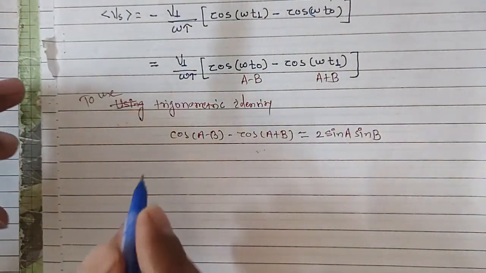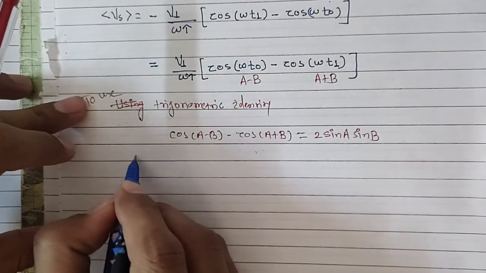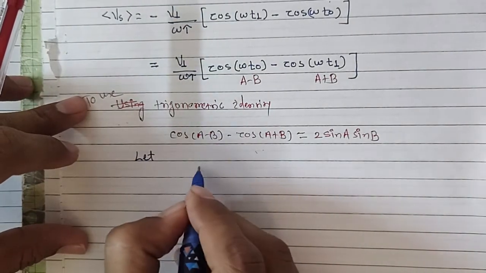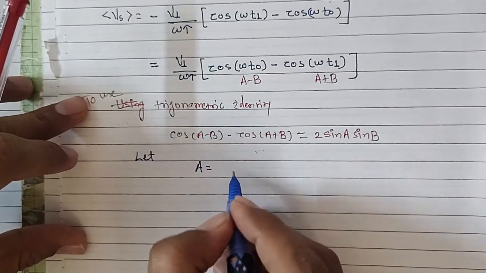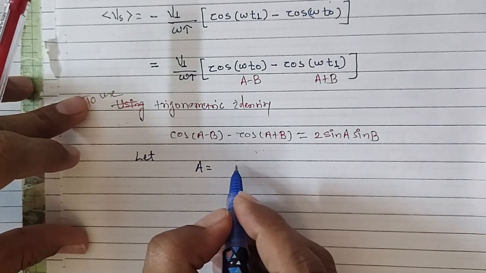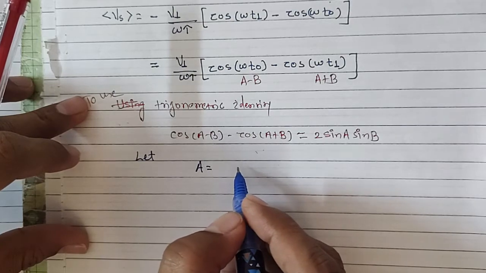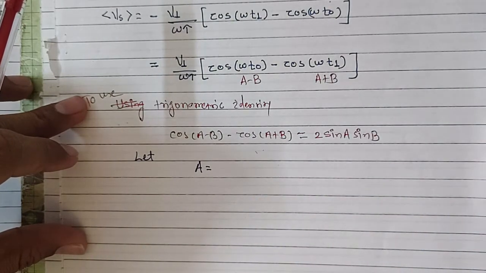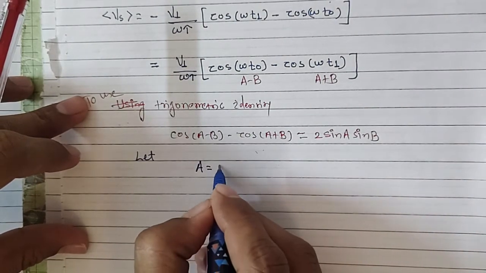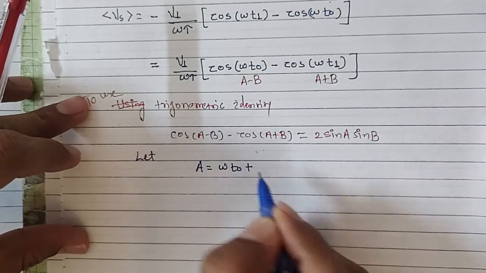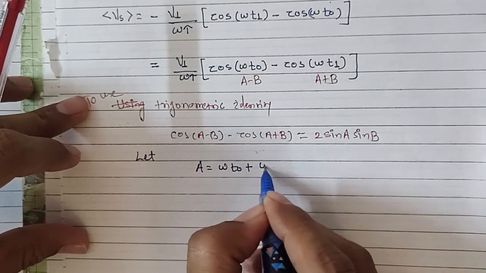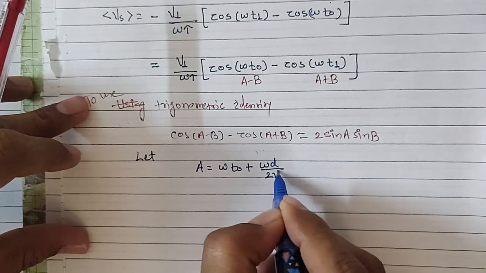So what should be A and what should be B? Let us assume A is equal to omega t0 plus omega d by 2v0.